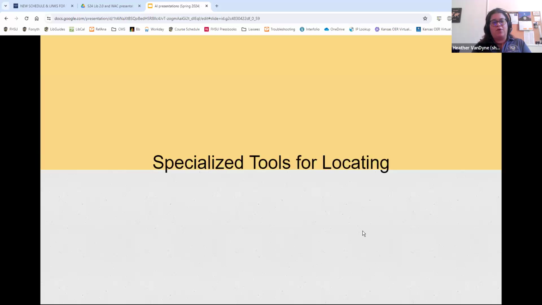This is a tool. Every toolbox has a special purpose. So here are our tools geared specifically towards locating information resources.